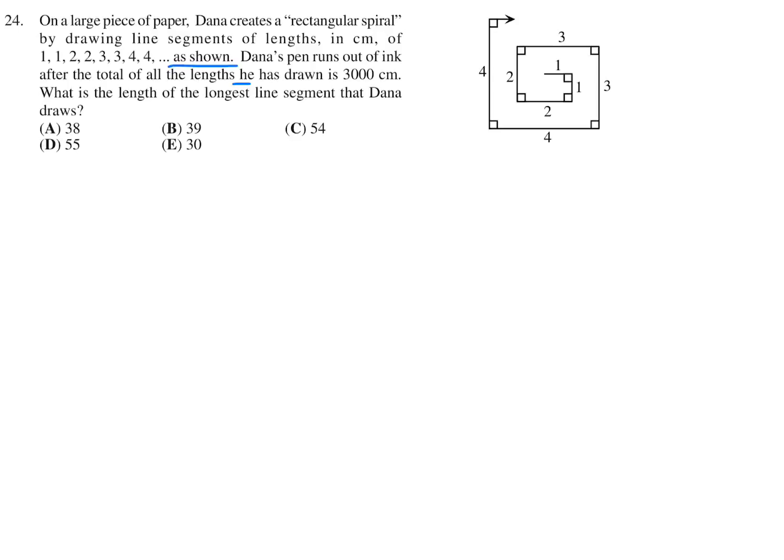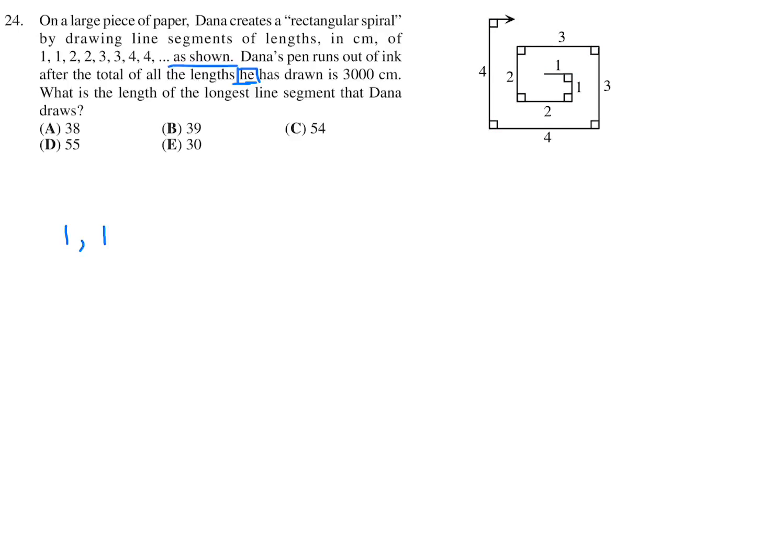All right. Dana is a he, and he is drawing 1, 1 like that, then 2, 2, then 3, 3, 4, 4, and I'm assuming that this just goes on like that.